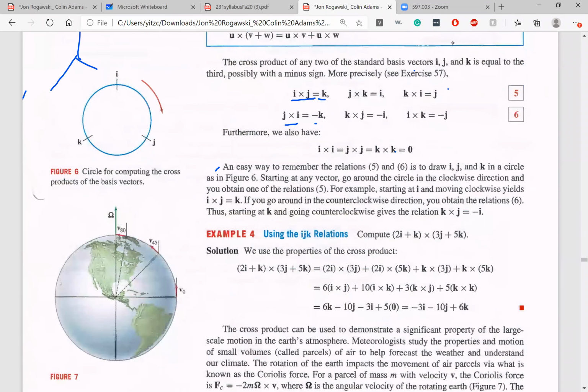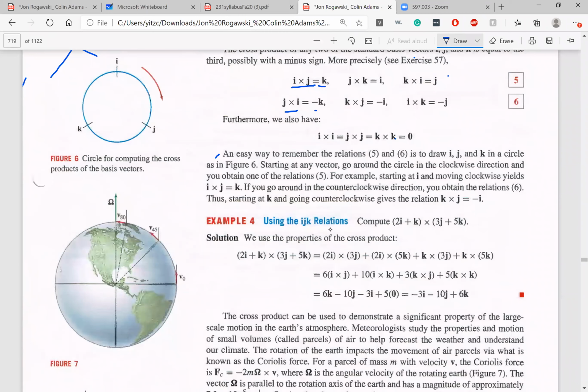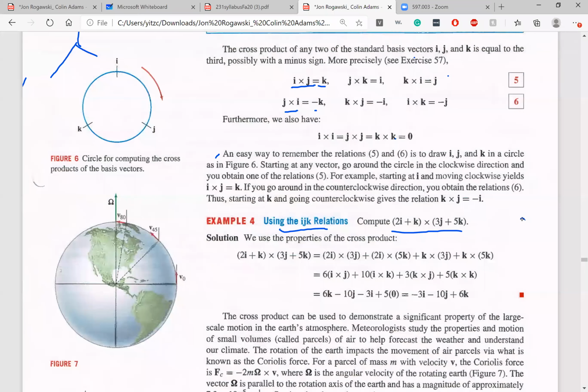Now they want us to use these relations to calculate what 2i plus k cross 3j plus 5k is. We probably won't see that many problems like this, I don't think, but just to make sure that we know what's going on, we can distribute. That's the first step.